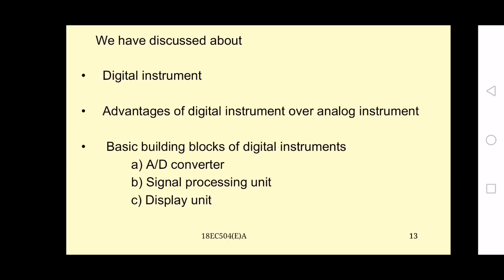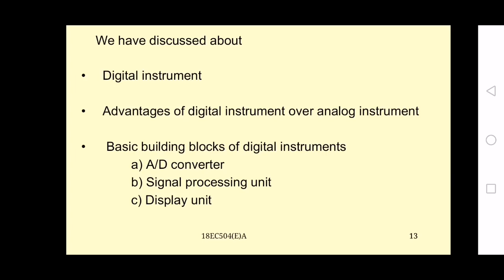So in today's class we have discussed what digital instruments are, the advantages of digital instruments over analog instruments, and the basic building blocks of digital instruments. So what is a digital instrument? A digital instrument is an instrument which converts real world analog signals into a discrete digital readout form.